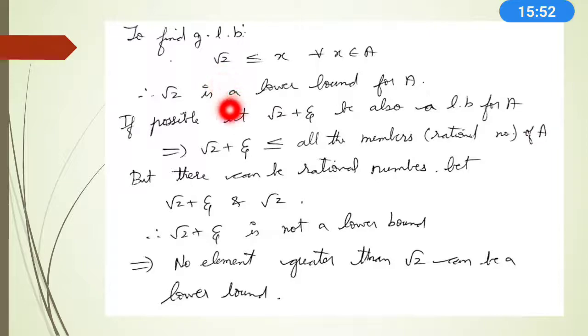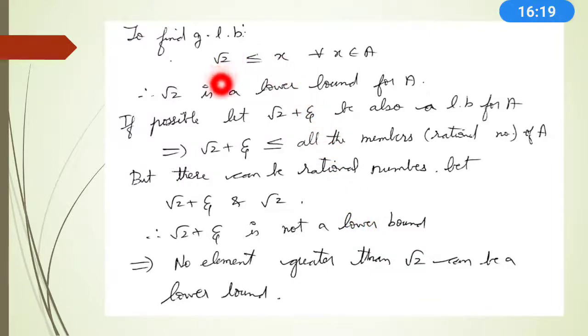But there can be rational numbers between root 2 plus epsilon and root 2, which is not possible because we have assumed that root 2 is the lower bound. Now I am finding root 2 plus epsilon to be a lower bound. Therefore, no element greater than root 2 is a lower bound. That means the greatest of all the lower bounds is root 2.